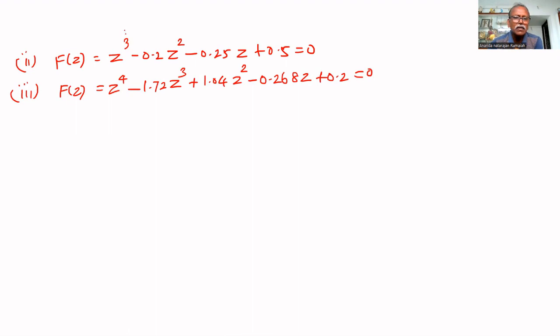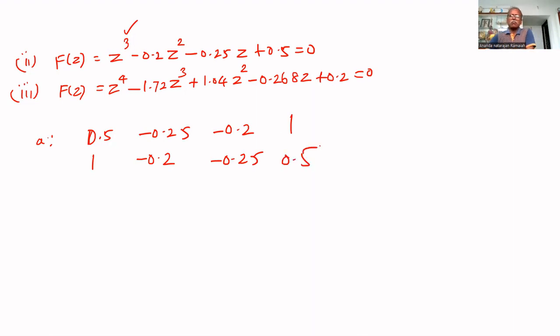Here, the A row, start with 0.5 as A naught: 0.5, minus 0.25, minus 0.2, 1. Then we reverse that: 1, minus 0.2, minus 0.25, 0.5. Here modulus of A naught is less than modulus of An, so it is satisfied.